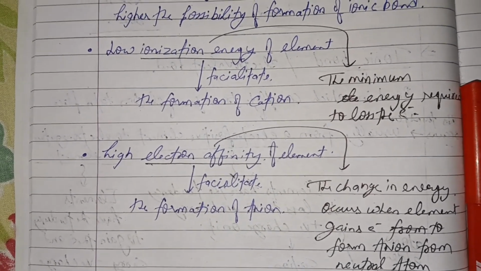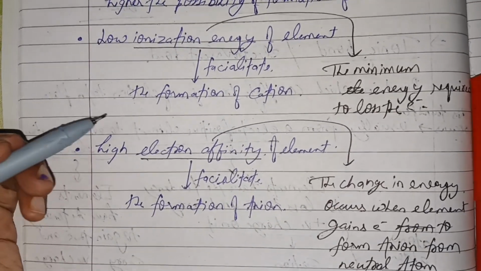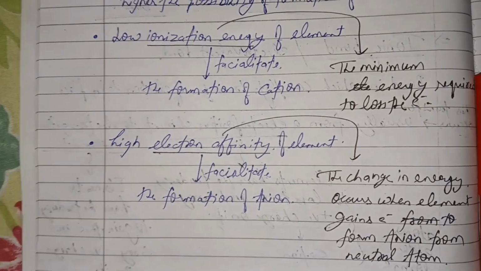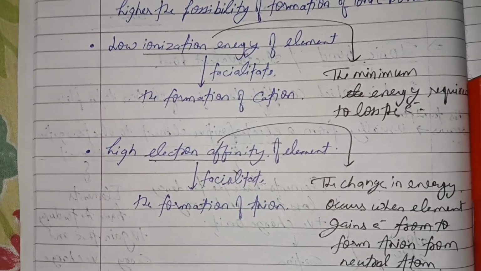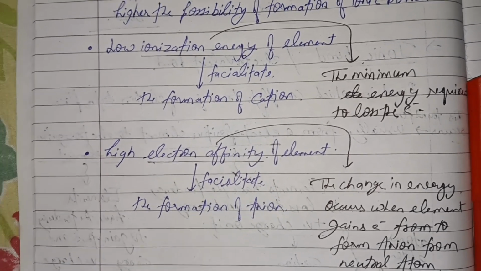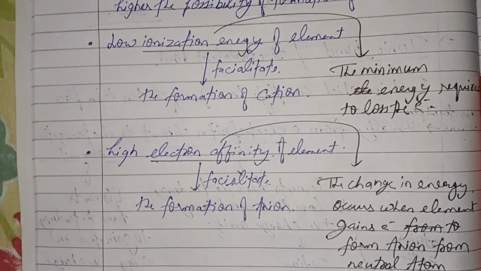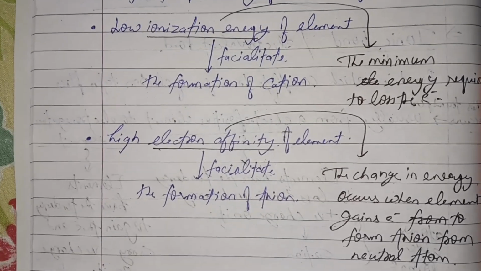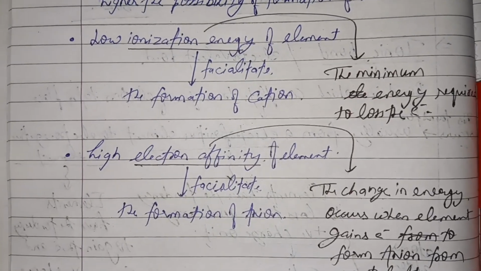The energy required is less, so the formation of the cation will be faster, because the atom itself doesn't want that electron, since it is not the one electron needed to fulfill the octet rule.